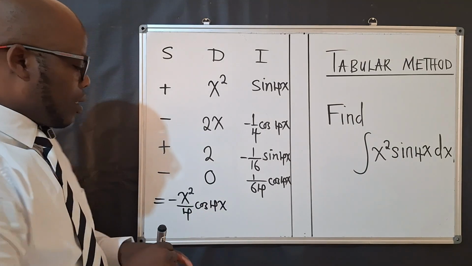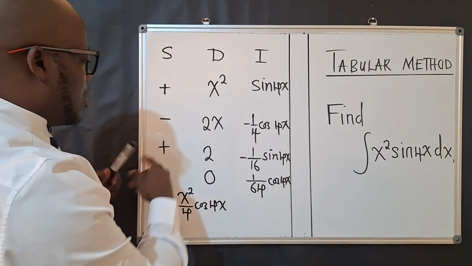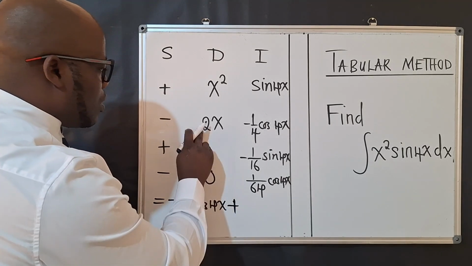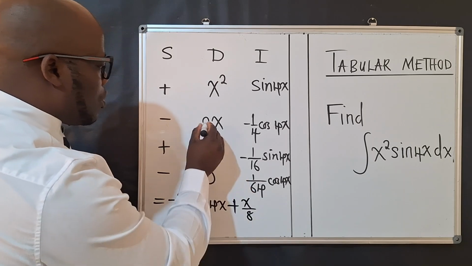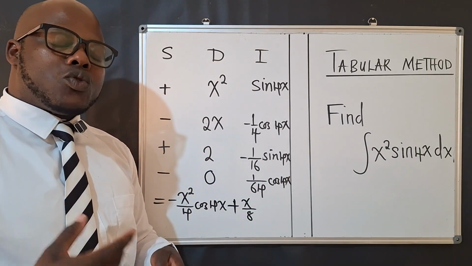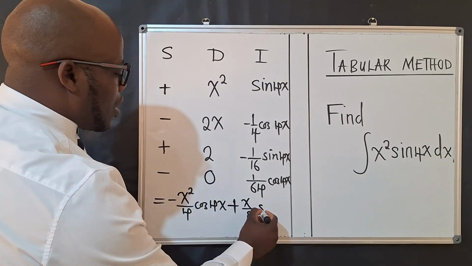Again, we move with this together with this. Negative and negative will give us a positive. This 2 and the 16, it will be x over 8, because 2 will go into 16 8 times. So sine 4x.